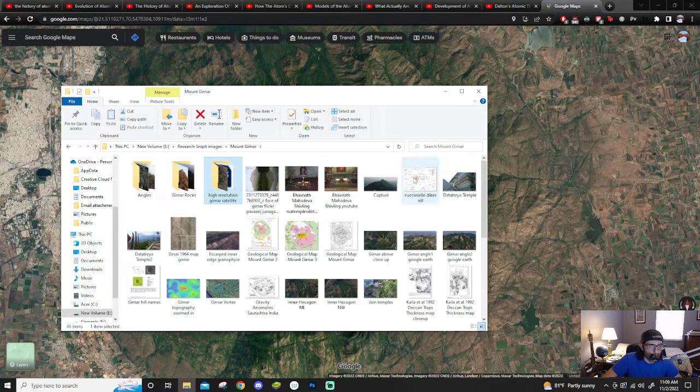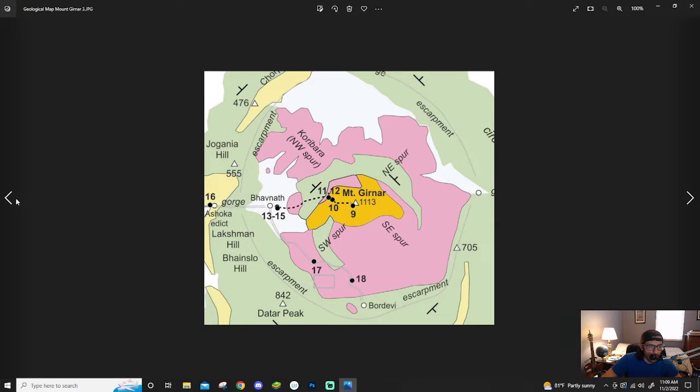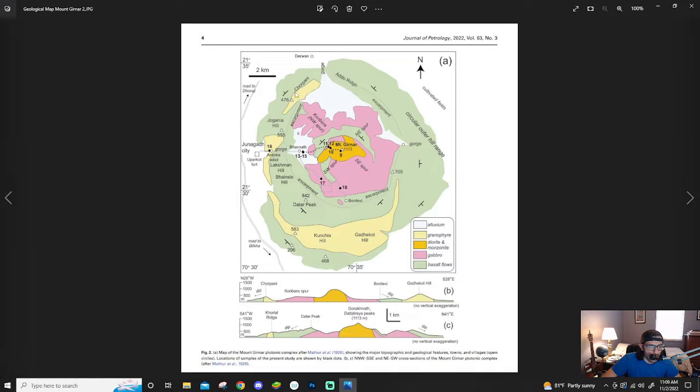Oh, Girnar. Toribara. Maybe that's that mountain I took a picture of.